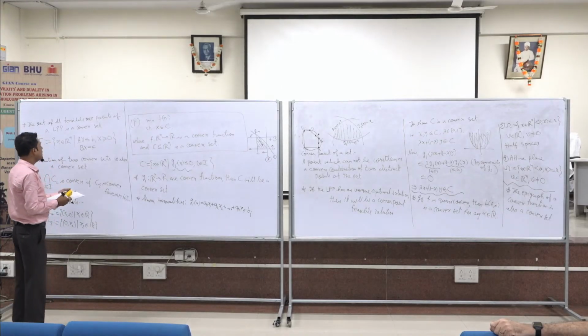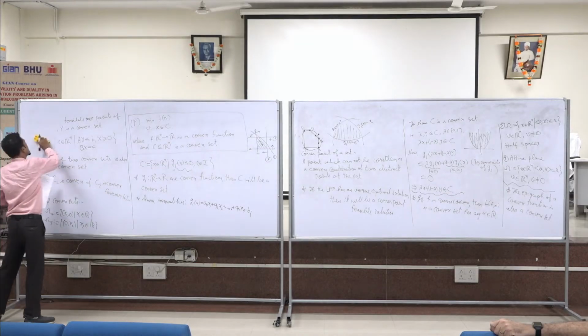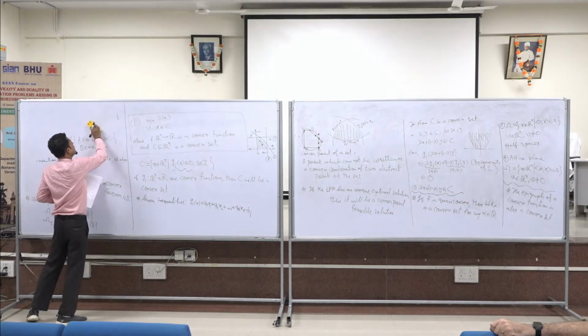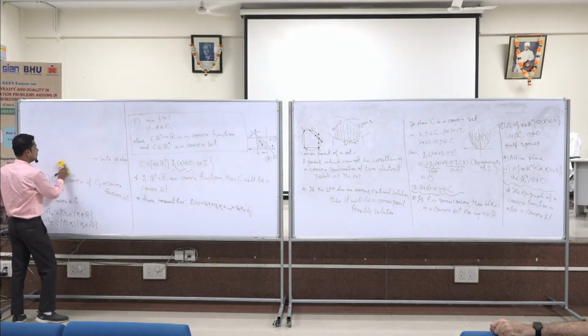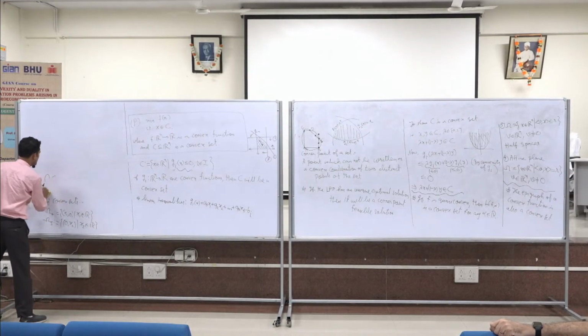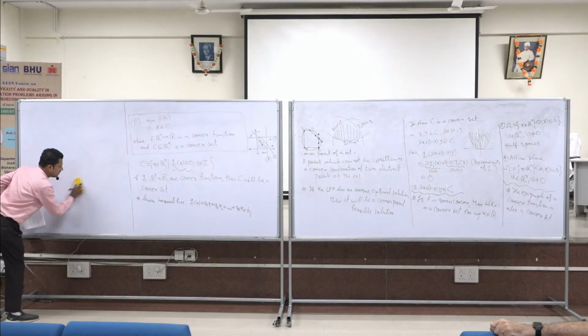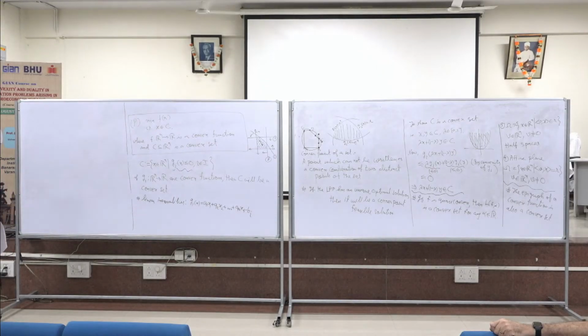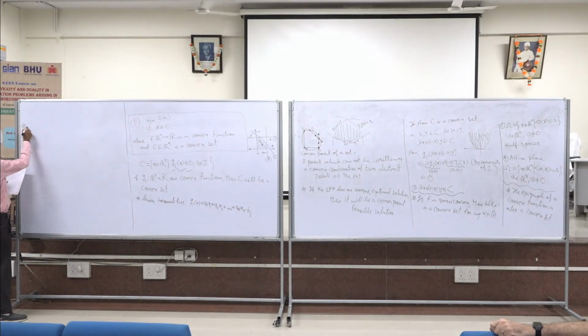So we have seen a few operations that preserve convexity. The intersection of two convex sets is also a convex set. The union is not, but you can have the Cartesian product of two convex sets.